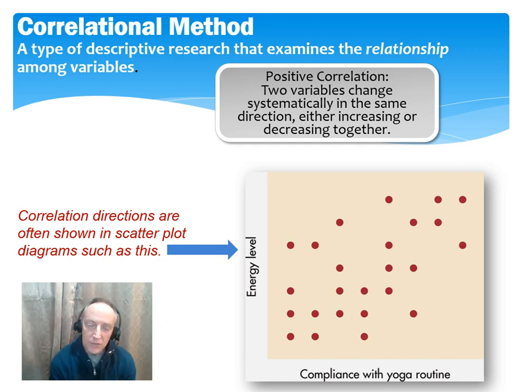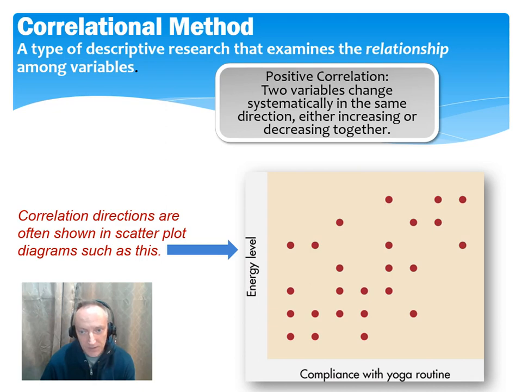So if there's what's known as a positive correlation, then that means that the 2 variables are changing together in the same direction. As one goes up, the other one can be predicted to go up. As one's going down, the other one can be predicted to be going down. So this is a scatter plot of energy level in compliance with a yoga routine.